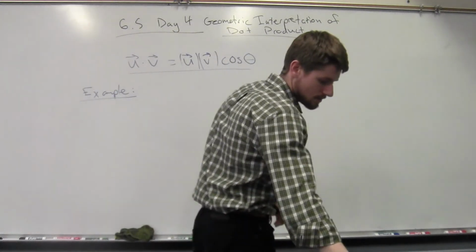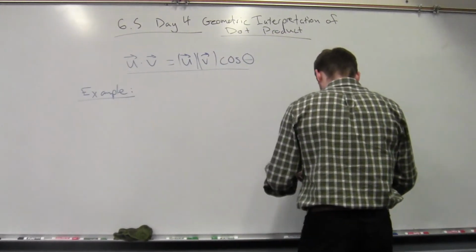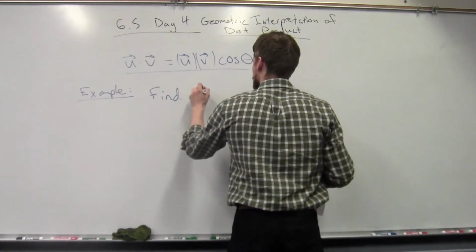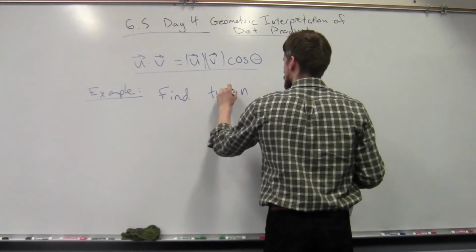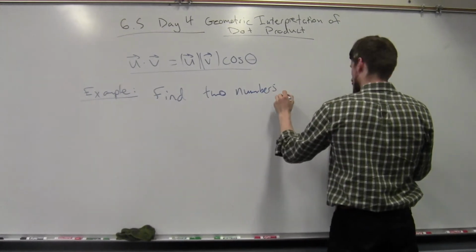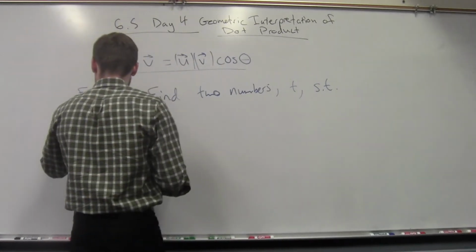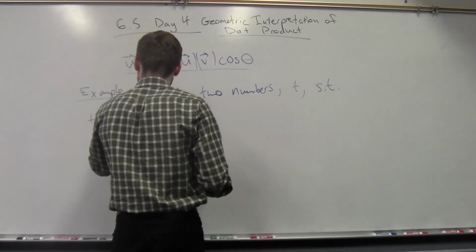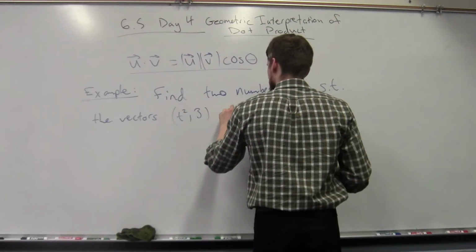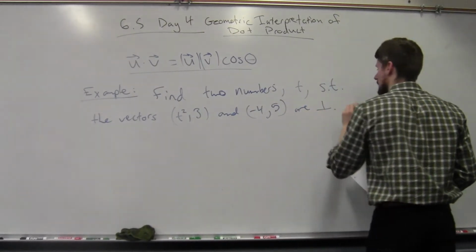Find the numbers t such that the vectors (t squared, 3) and (-4, 5) are perpendicular.